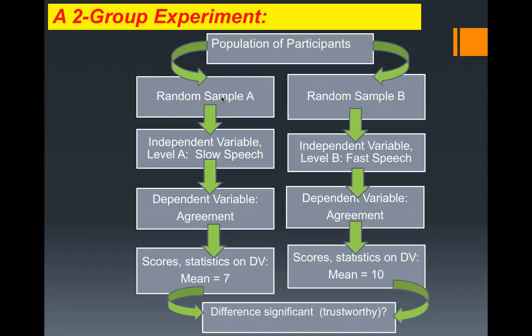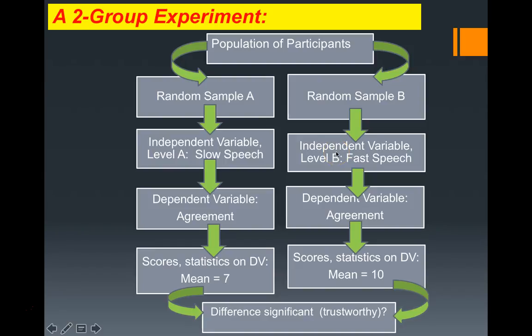So that would be something people would probably begin their listening by being opposed to. So we have one condition in which they get a speech advocating that policy, that requirement. And in random sample B, our other experimental group, they get the fast speech version.